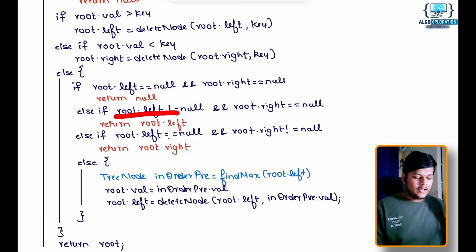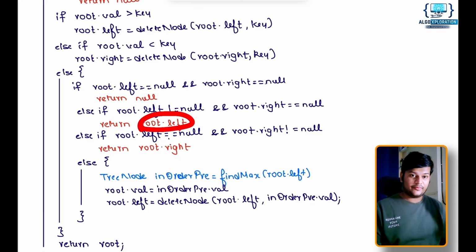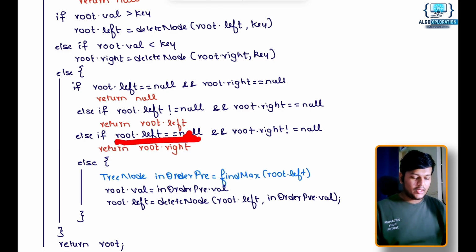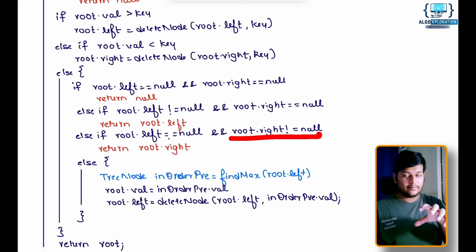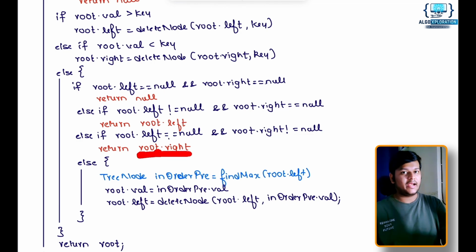So I will return root.left, the address of the left child, to its grandparent. Similarly, if root.left is null, that means we don't have a left node, but root.right is present, so it is having a right node. At that time, I'm going to pass root.right to its grandparent.